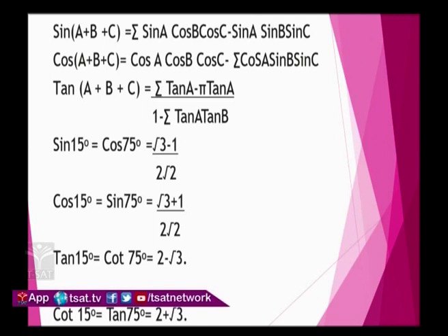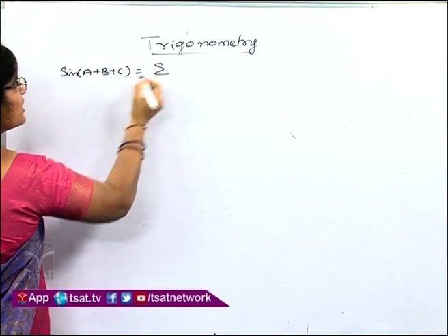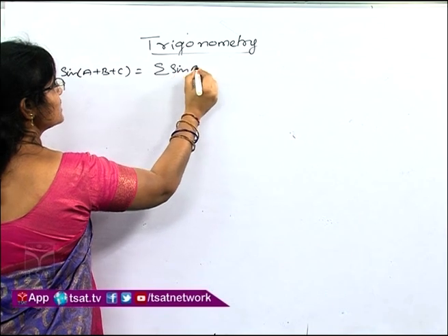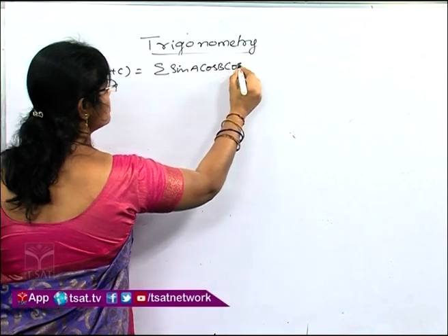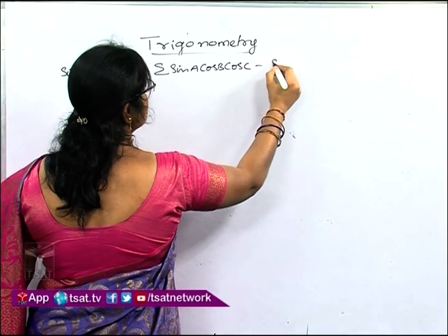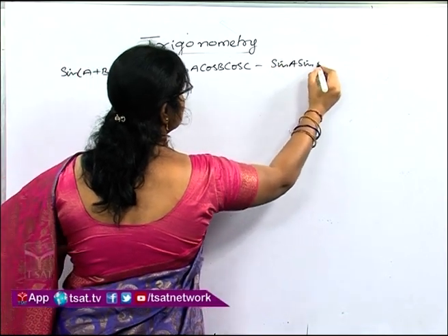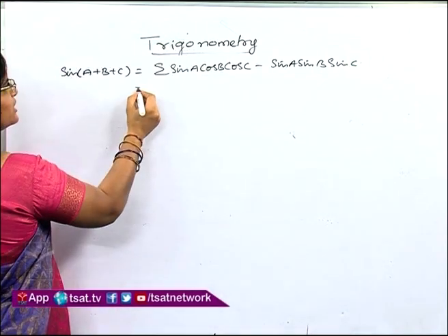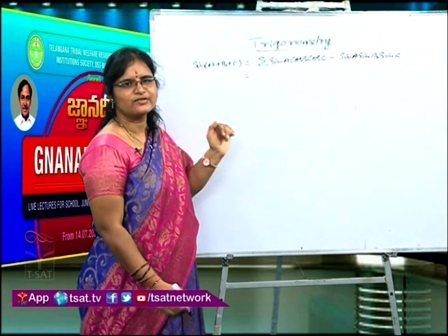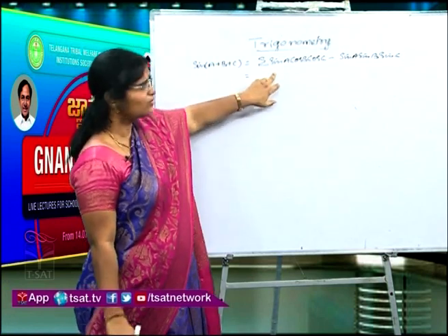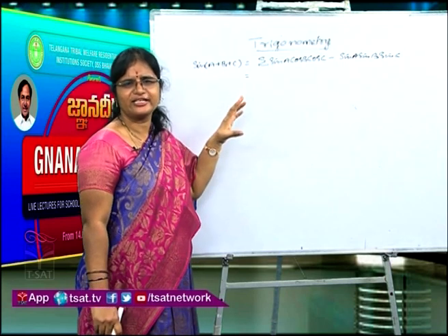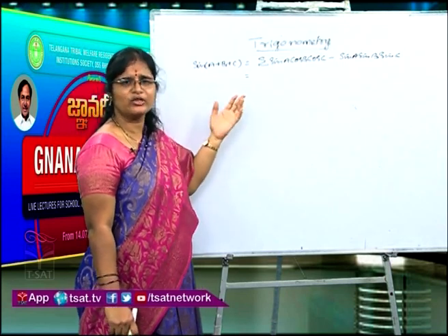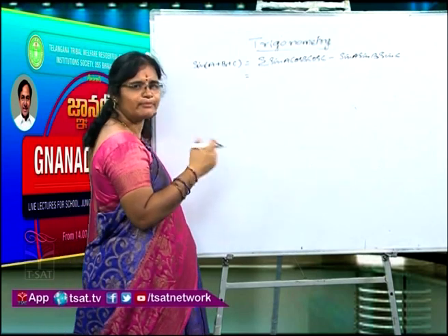Sin of a plus b plus c equals summation, or sigma, we will call it, sin a cos b cos c minus the product sin a sin b sin c, children, okay. So, here summation means what, children? It will rotate. Whatever trigonometry we are dealing with is in a triangle, and we know in a triangle 3 angles are present.